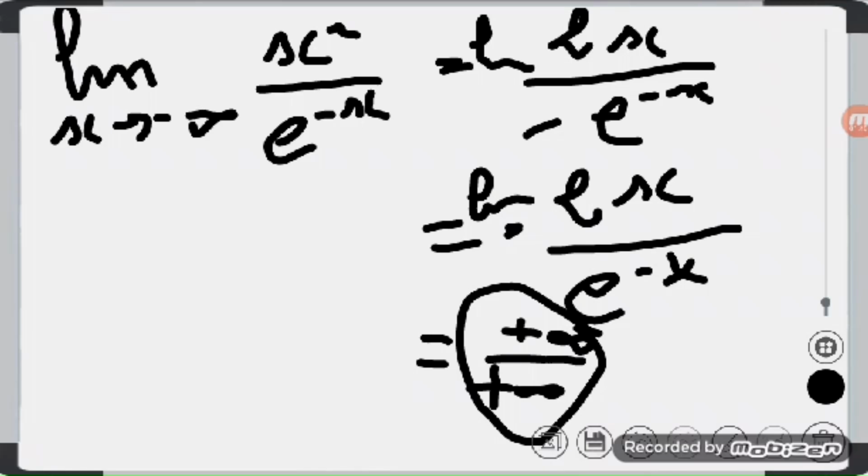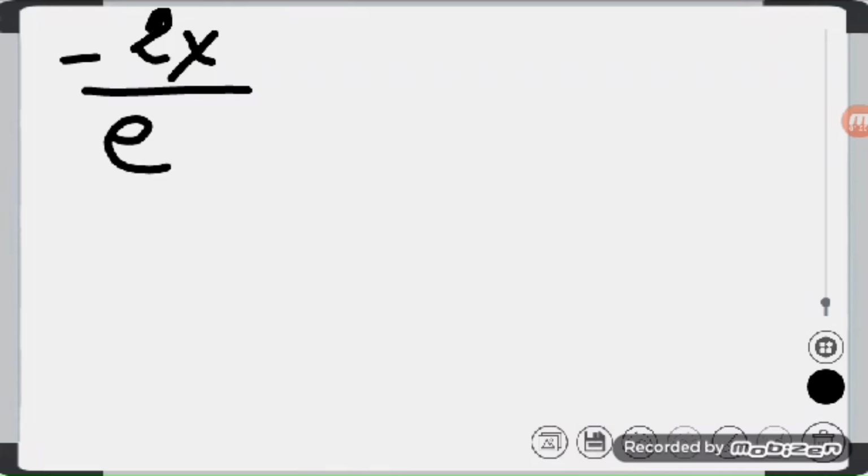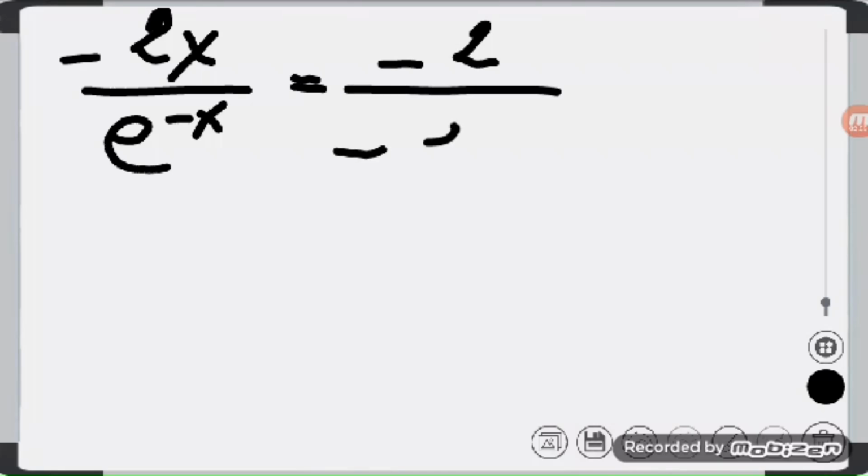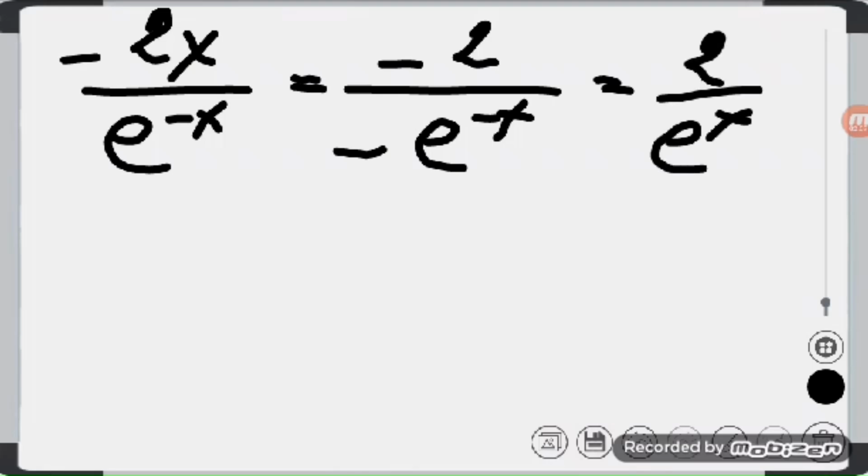So again, we can apply the same rule. We had 2x over exponential of minus x, and if we differentiate, we'll end up with minus 2 over minus exponential of minus x, and this just gives 2 over exponential of minus x, and the limit at minus infinity will be 2 over plus infinity, so this gives 0, and we'll end up with just 0.